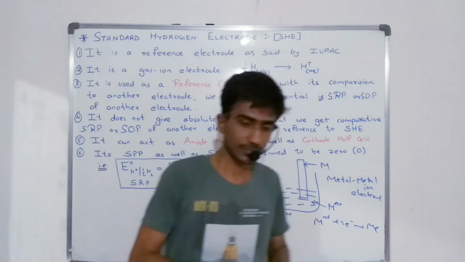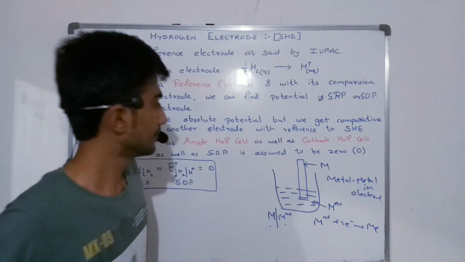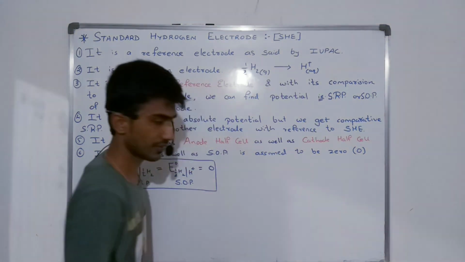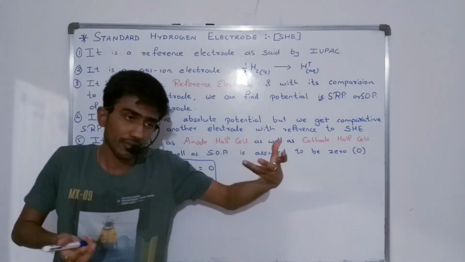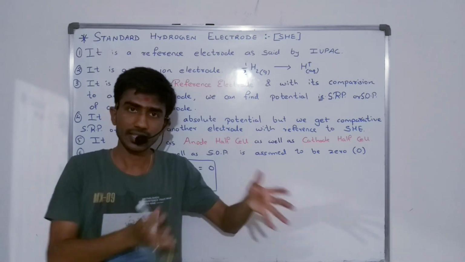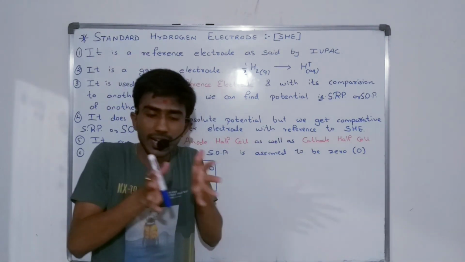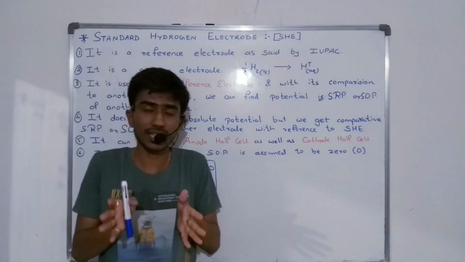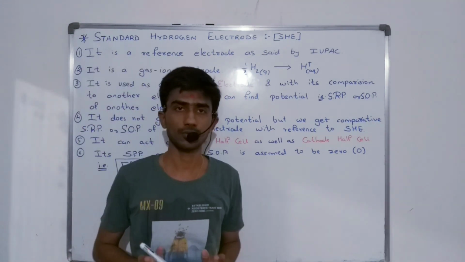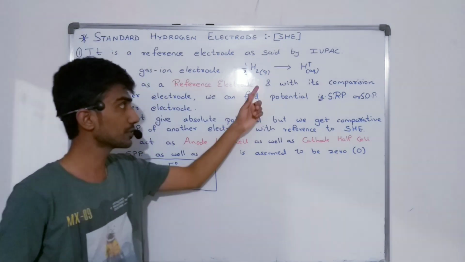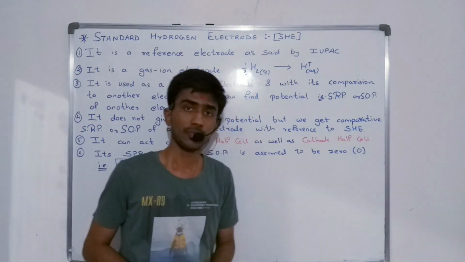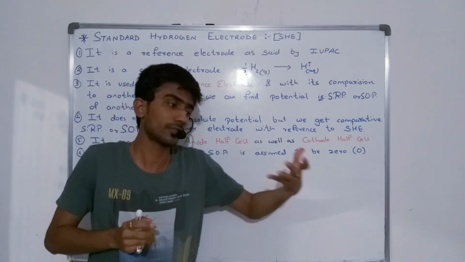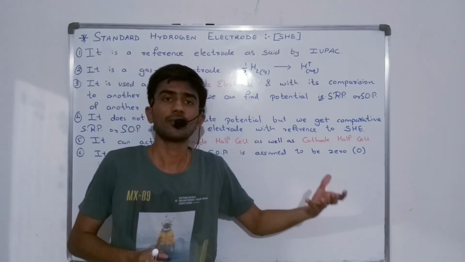That means if on the cathode we are taking one metal ion electrode, and on the anode we are taking this hydrogen electrode, then this hydrogen electrode is used as a reference electrode. That means on the basis of this electrode, the standard reduction potential of the other electrode is found out.